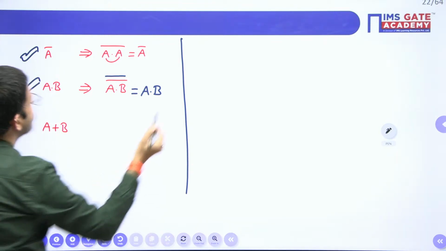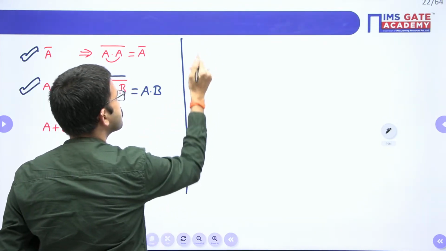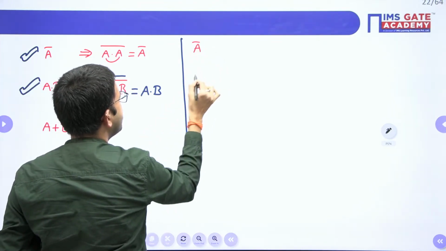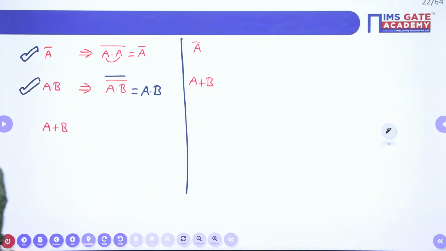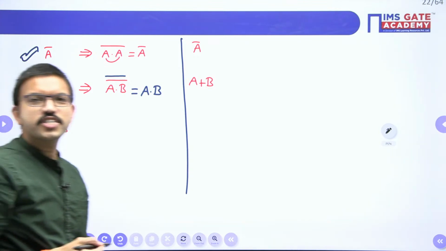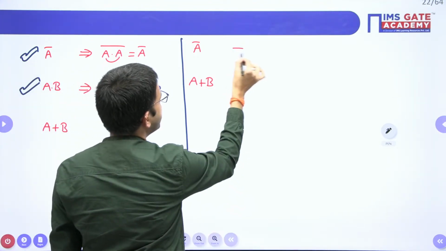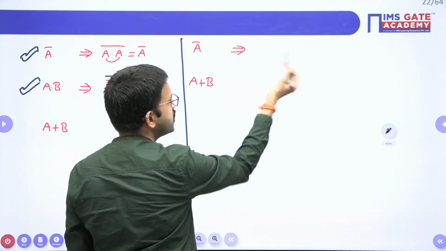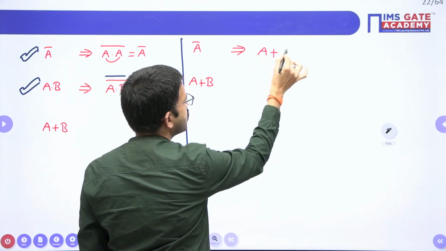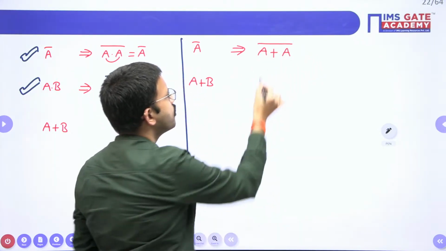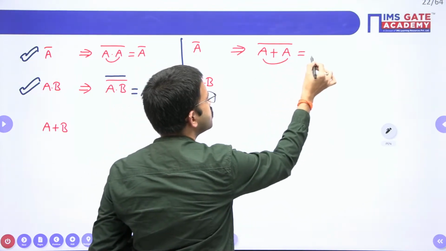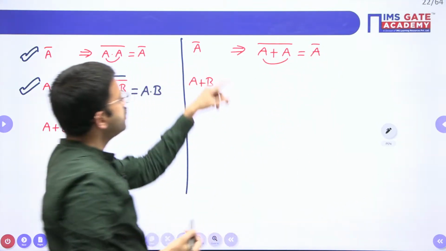Similarly, regarding A bar and the OR gate A plus B: if you are using a 2-input NOR gate, A plus A whole bar, with both inputs the same, you will get the complement of the input.